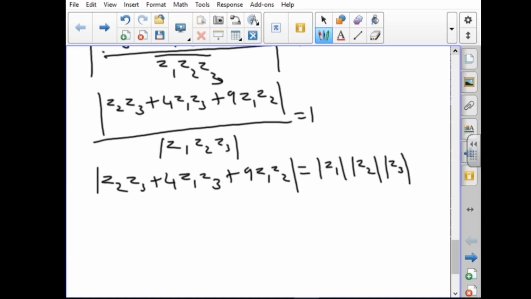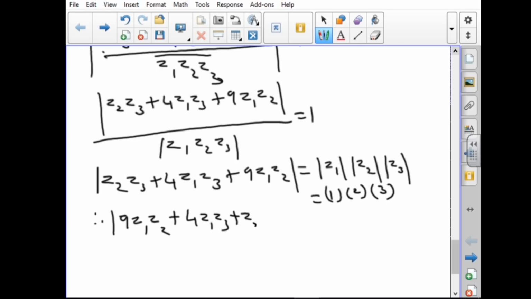Therefore, this is equal to, now modulus of z1 is 1, modulus of z2 is 2, and modulus of z3 is 3. Therefore, we get modulus of 9 z1 z2 plus 4 z1 z3 plus z2 z3 is equal to 6. Hence, we have proved the result.